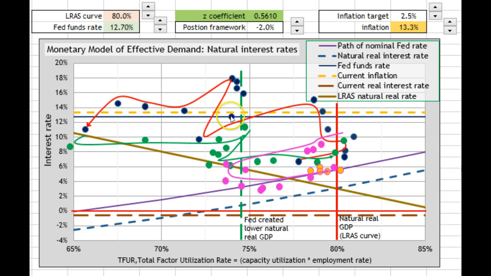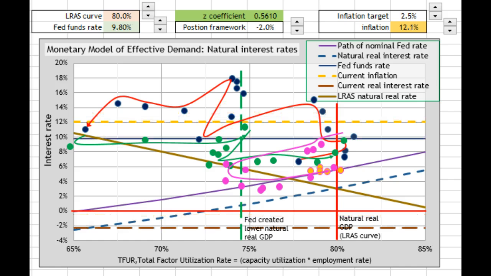So let's go on to the third quarter of 1980. And the recession, this little recession from 1980 continues to its depths right here. And as we come down, we'll see that the real rate's fallen way below the natural rate. And that creates an expansionary effect.